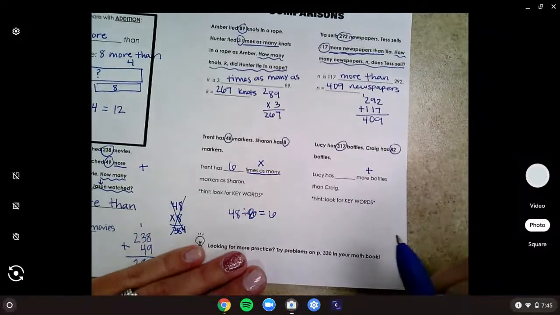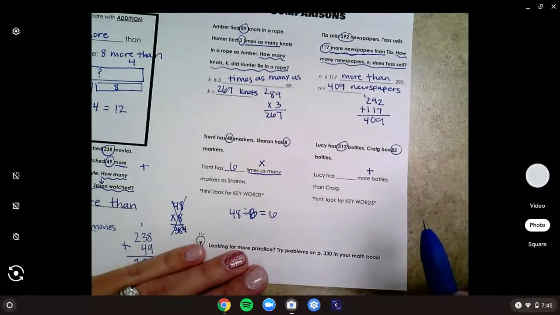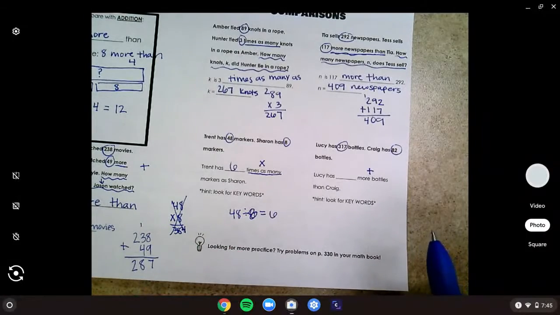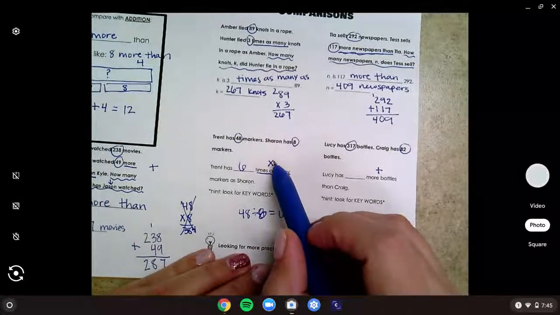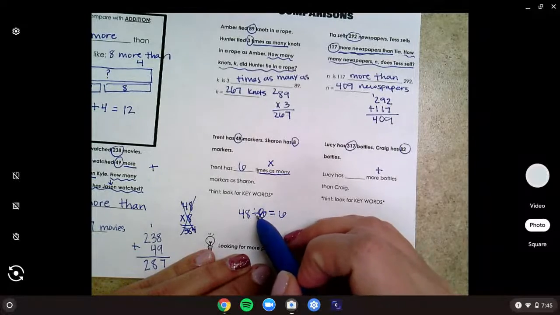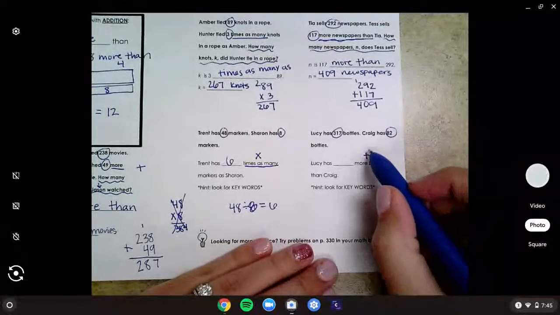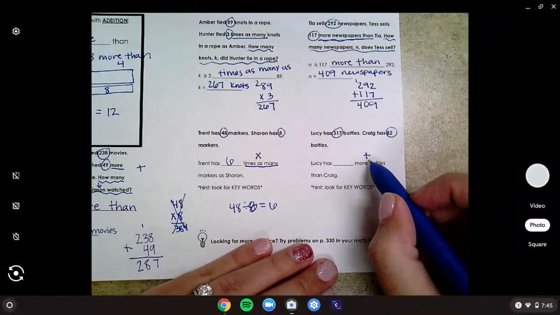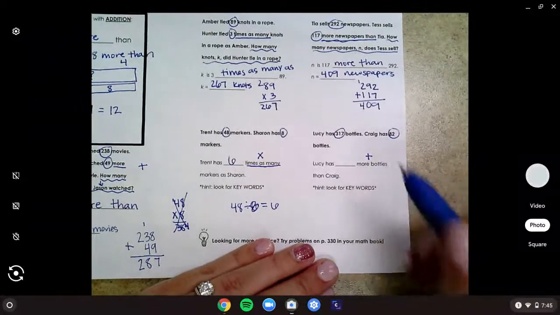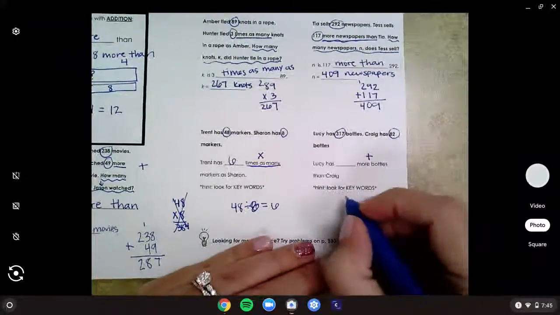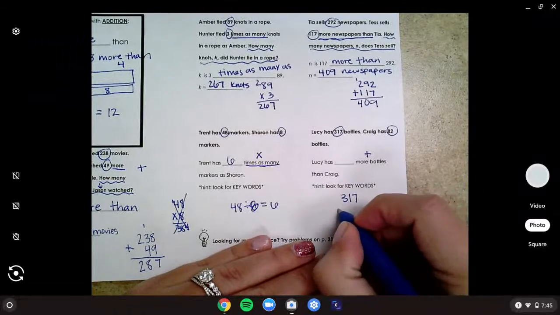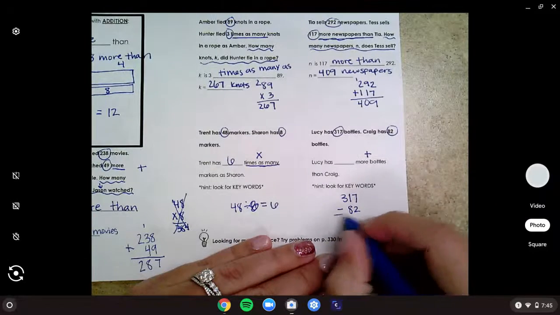Do we know what that group is? We don't. So just like on the other one, to figure out how many times we use division, to figure out how many more for addition, we might need to use subtraction. So let's do 317 minus 82.